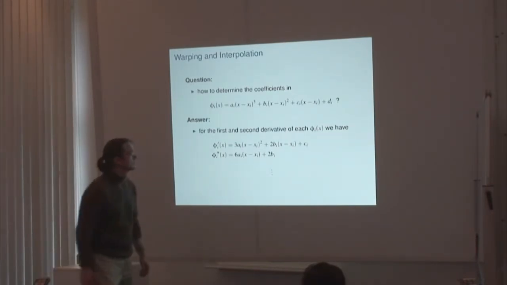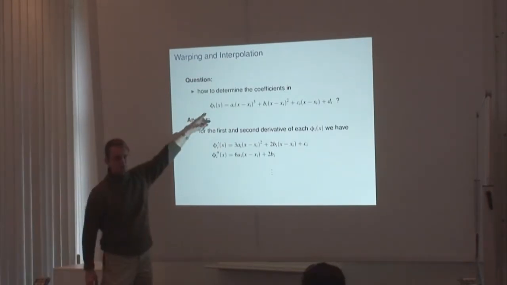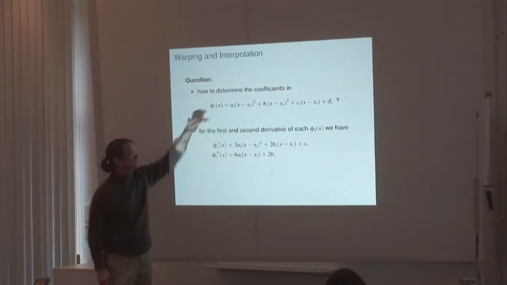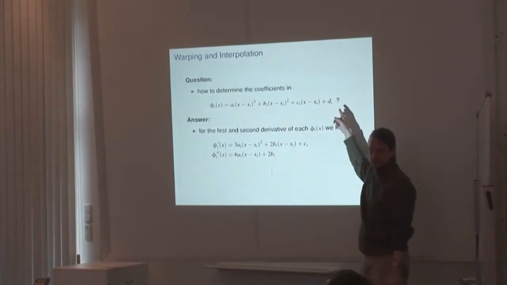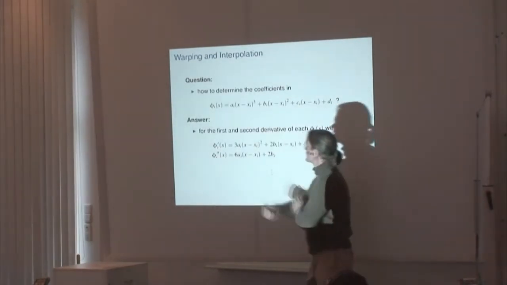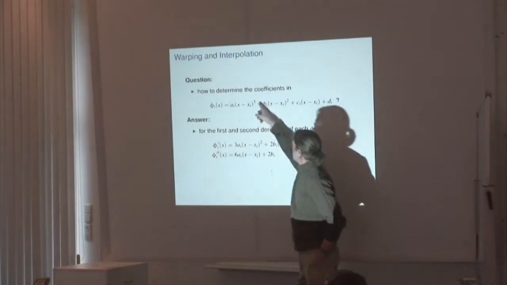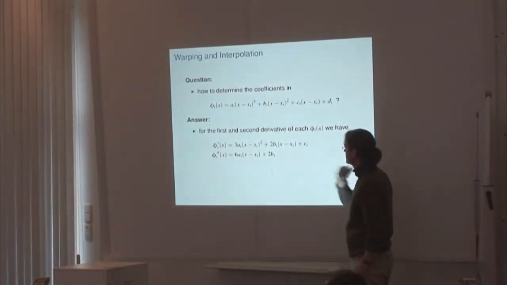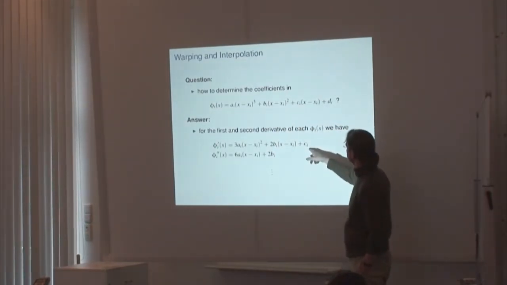Two more things. It is very easy for us to compute the first and second derivative of a polynomial like this. This is the first derivative of phi i with respect to x. It basically says that a constant goes away. So if phi i is ai times (x minus xi) to the third power plus bi times (x minus xi) raised to the second power plus ci times (x minus xi) plus di, and we compute the first derivative, we get 3ai times (x minus xi) squared plus 2bi (x minus xi) plus ci, di is gone.